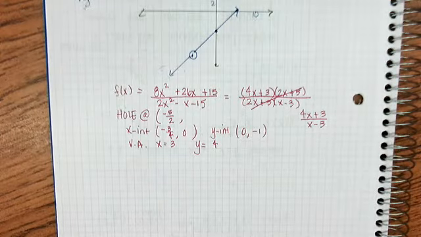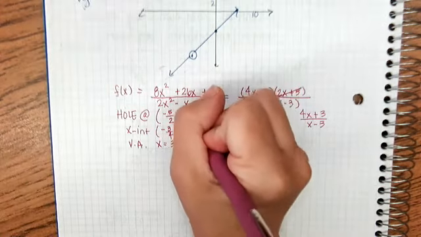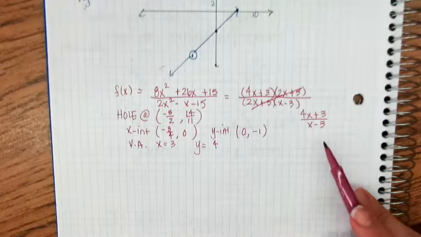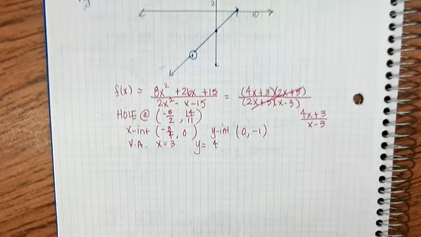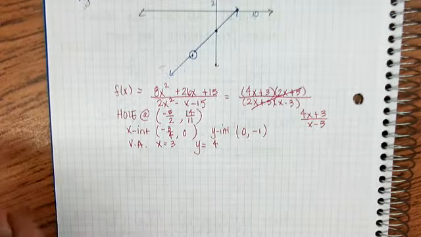So my hole is going to be at 4 times -2.5 plus 3 divided by -2.5 minus 3. That's 14/11. I hope that's right. Okay, so let's put it all together.